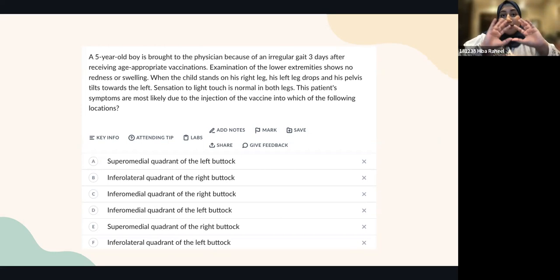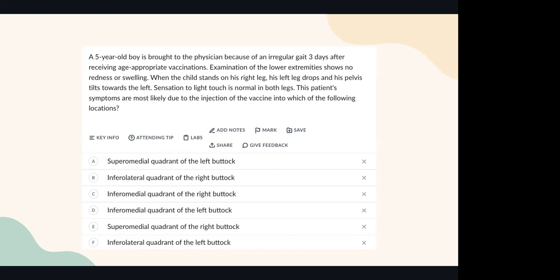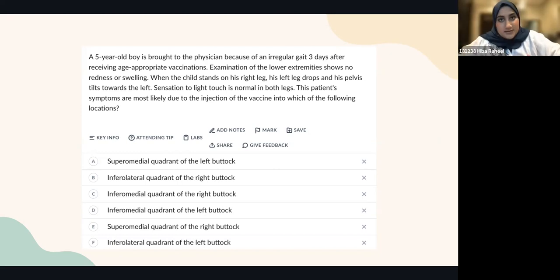So look, when they're saying superior medial, they mean medial of the body. Do you understand what I mean? Oh, yeah. Okay, lateral means lateral of the body. So the upper outer quadrant is the one which is superior medial. Usually in the questions, they don't ask upper outer or lower inner.